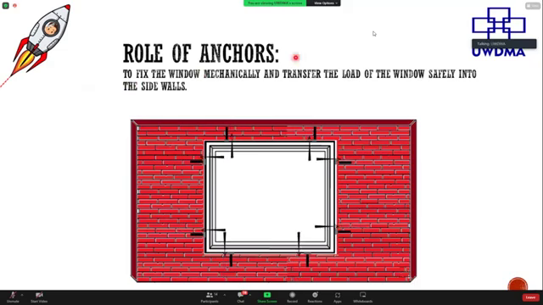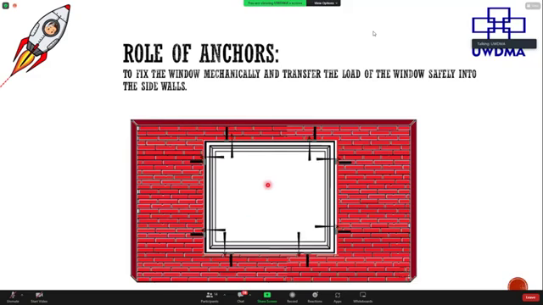So what is the role of anchors? Anchors are not just fixing your window into the wall. The main role they are doing is transferring the load of the window into the wall. Just imagine this is the wall of a flat on the 10th floor, and wind is blowing at a very fast speed, and the entire load is coming and shaking this window.